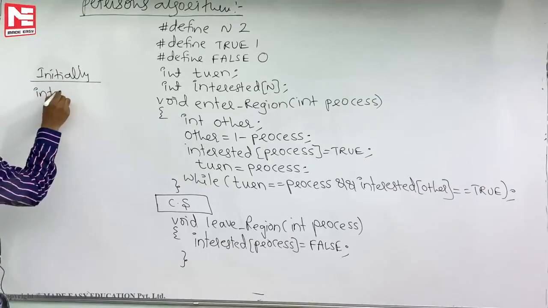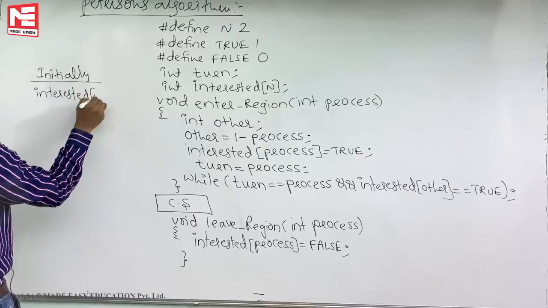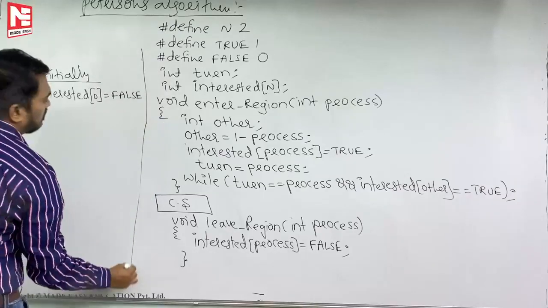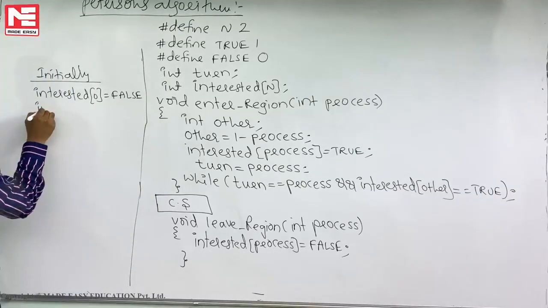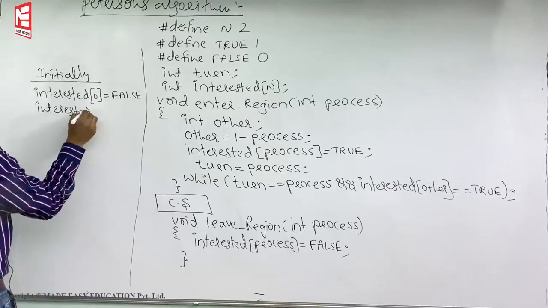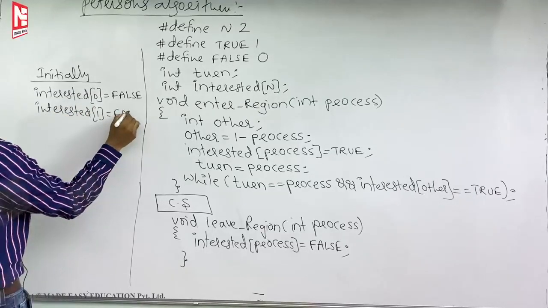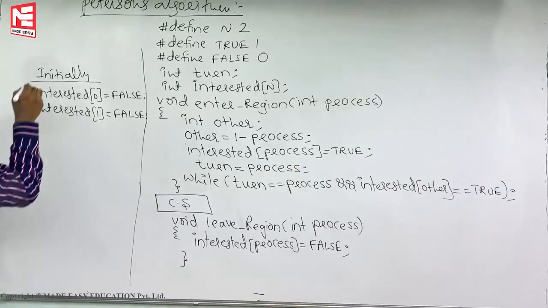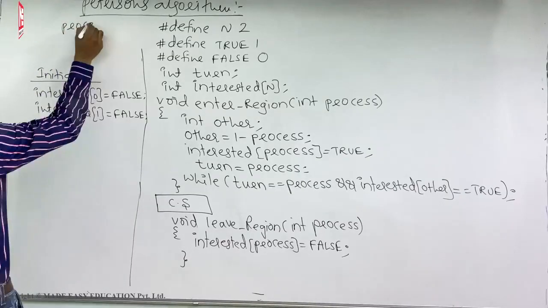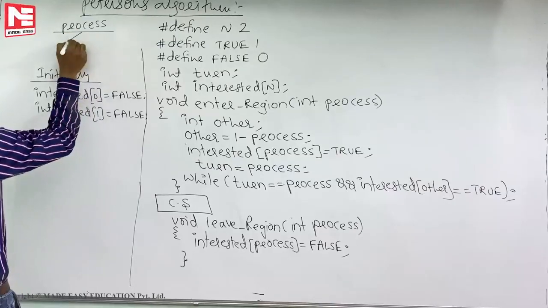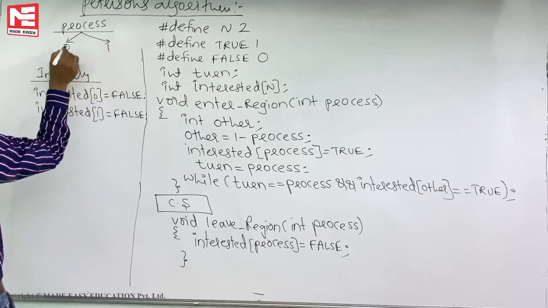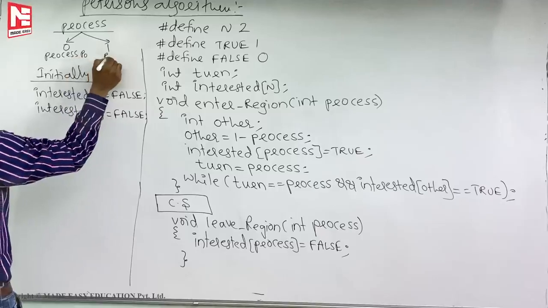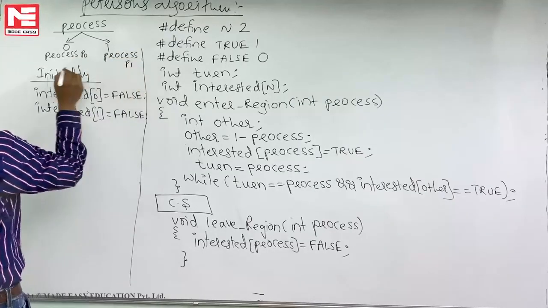Initially, interested[0] is false and interested[1] is also false. This is given to you in the question, so no need to worry about that. Next copy this also. Process will take two values, 0 or 1. Process value 0 means you are representing process P0, and process value 1 means you are representing P1.